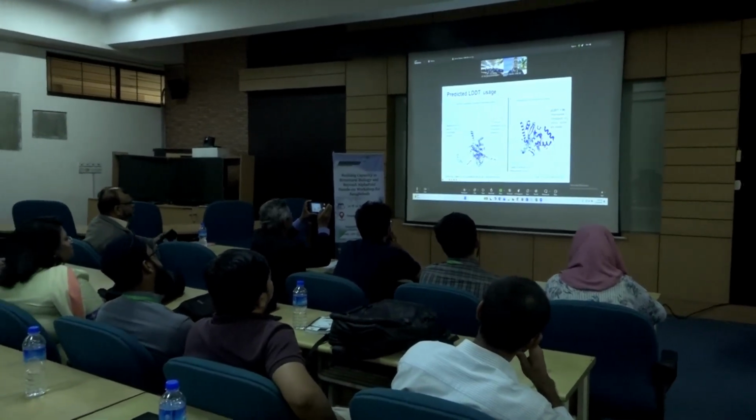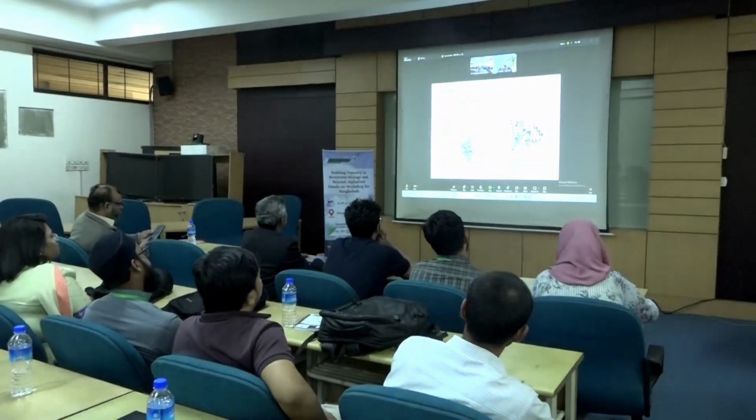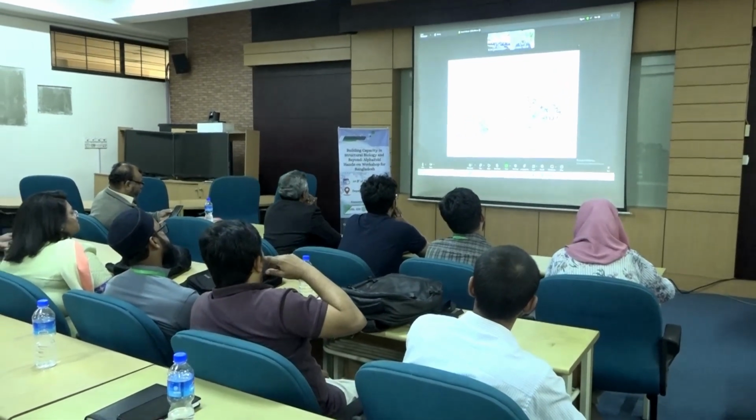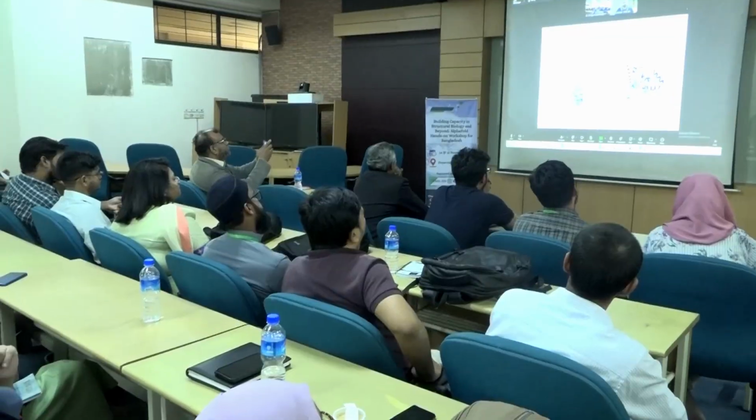And so this is what pLDDT is about. LDDT stands for the local distance difference test. What it means is it's looking at local packing. Is the residue happy in its environment? That's what pLDDT is about. And so the higher the pLDDT, the happier the residue in its local environment.